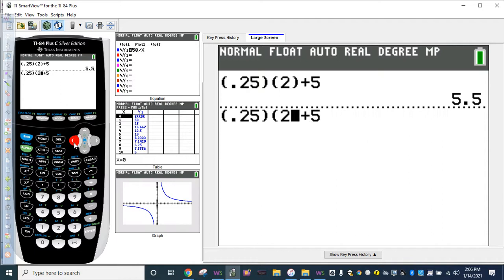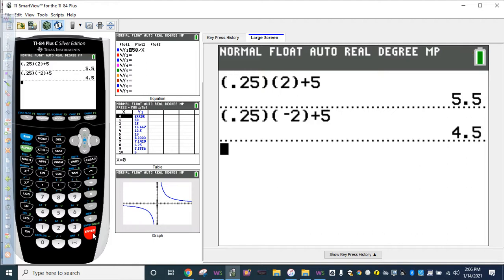So here's another thing in your graphing calculator. If I need to insert that negative, because sometimes you put in these big, huge, long mathematical equations, and you don't want to have to rewrite the whole thing, I can hit second. You can see on my calculator, right above delete it says insert, and I can then insert a negative, like that, and then bam, I got the correct answer, 4.5.